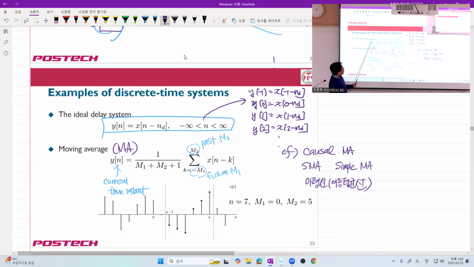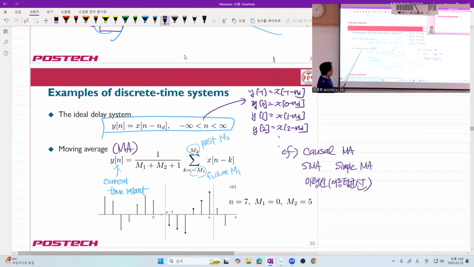So we have countably infinite scalar equals scalar equalities here to define the input-output relation. And as I told you, if n_d is negative, it's called an ideal advance system, a time advance system. Got it? And as I told you, don't be bothered too much about causality unless you are applying this to digital control. Now, here goes the important thing, moving average.